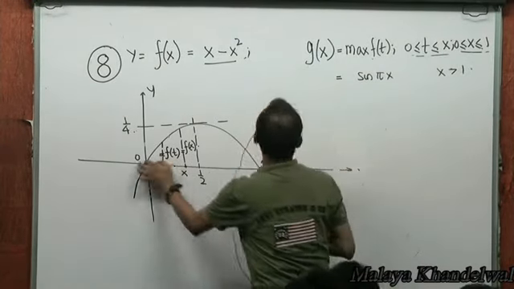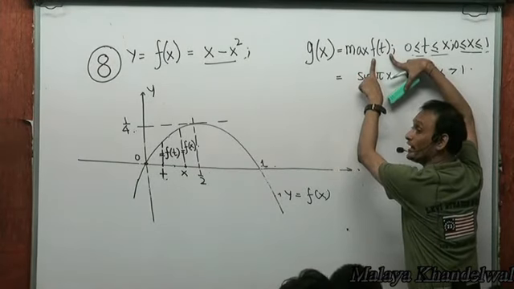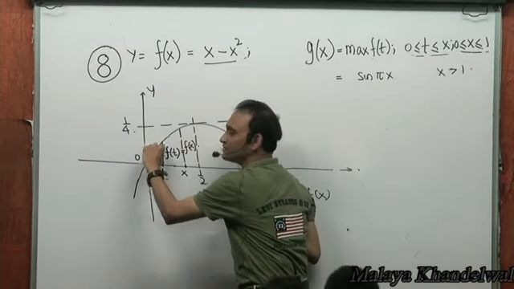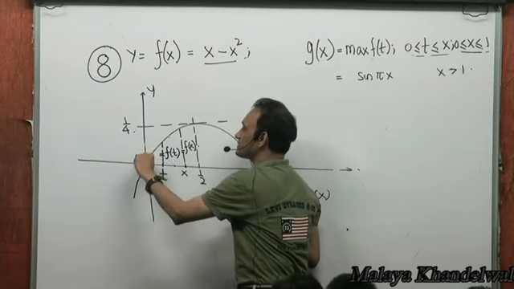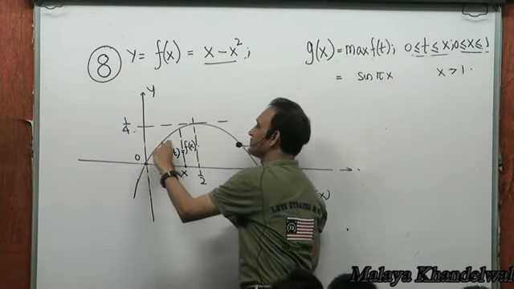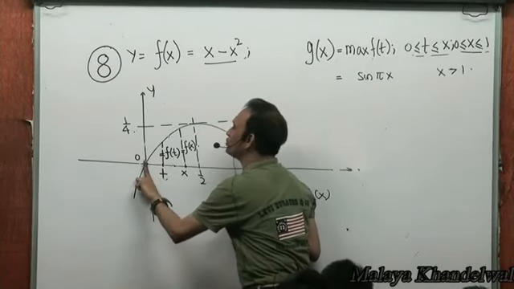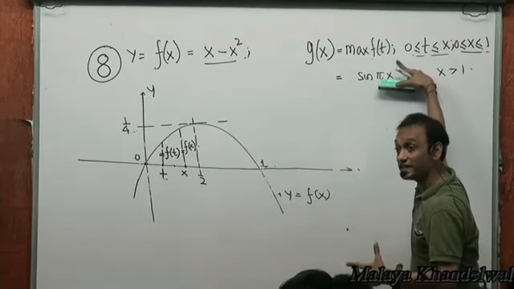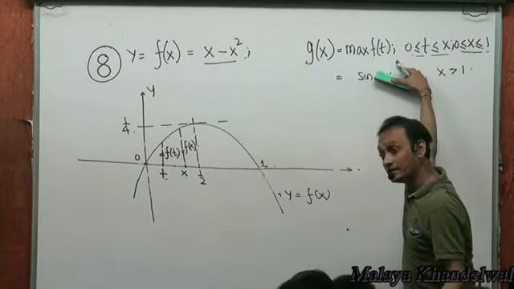While it does so, a large number of f(t)'s are produced. Of all the f(t)'s produced, select the greatest f(t), and that will be g(x).